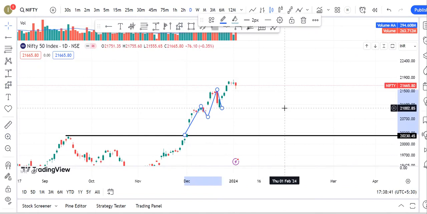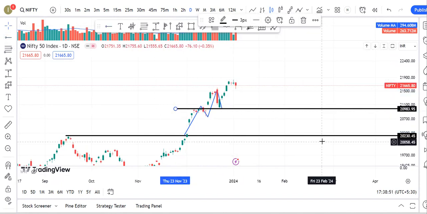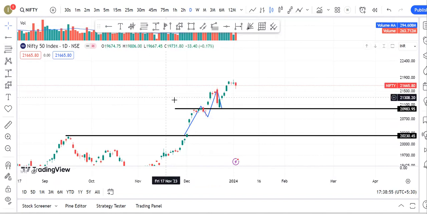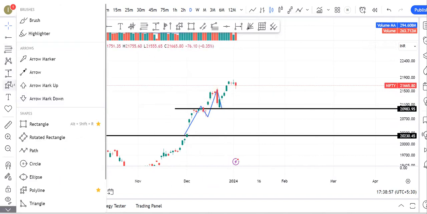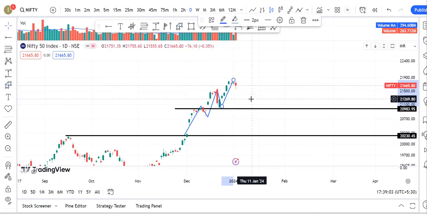This is the low made on 22nd December, 21,000. From there, the swing has started to the upside, that is here. After that, it has started correcting.